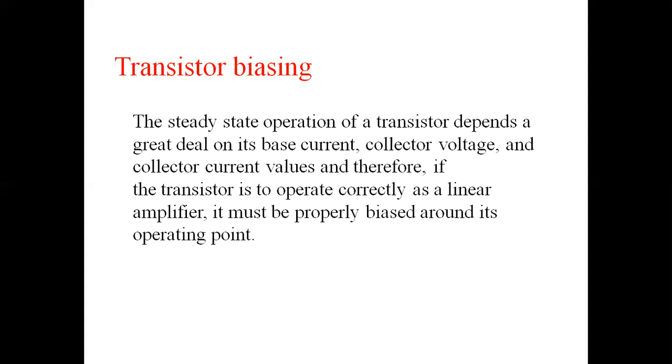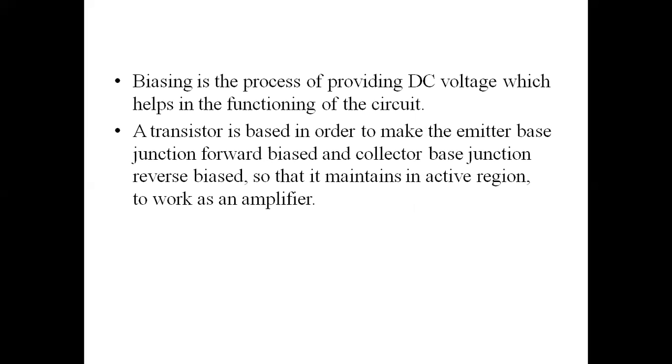Once again, the biasing process is the process of providing DC voltage which helps in the functioning of the circuit. A transistor is biased in order to make the emitter base junction forward biased and the collector base junction reverse biased, so that it is maintained in the active region to work as an amplifier.